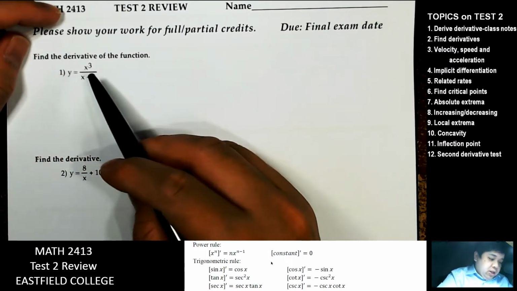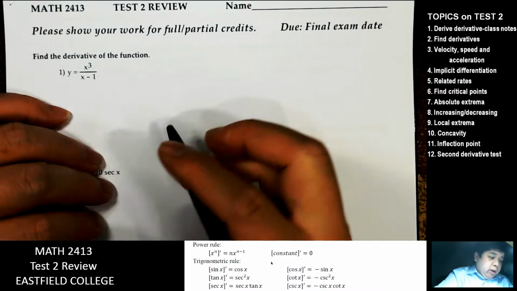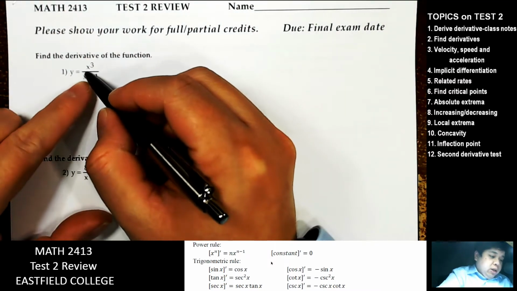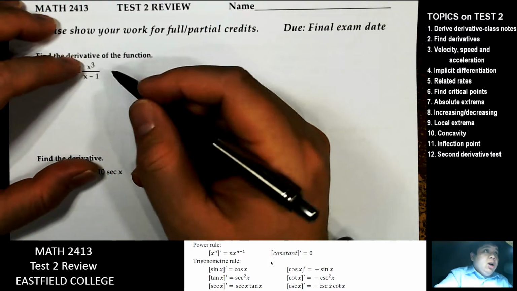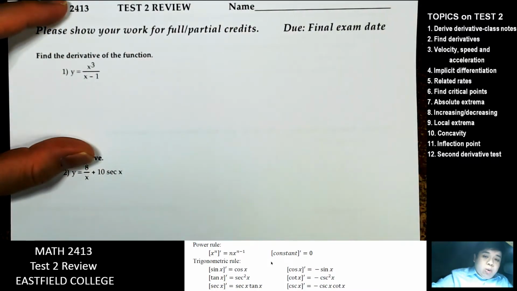This one is obvious. It is a quotient rule. There's no other way. That is as easy as that. Alright, so the quotient rule. So let's start with the rule first.